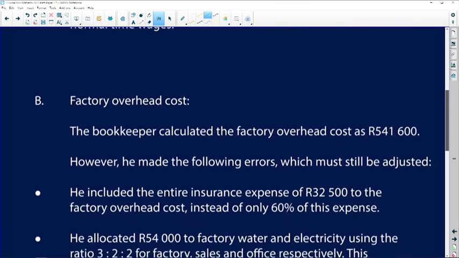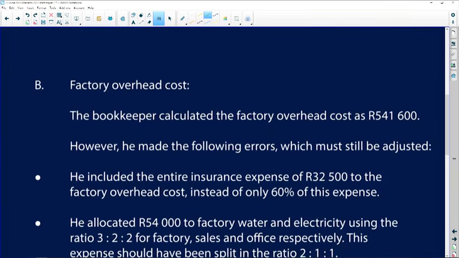The bookkeeper calculated the factory overhead cost as 541,600. However, he made the following errors which still must be adjusted. Let's look at the first error. He included the entire insurance expense of 32,500 Rand in the factory overhead cost instead of only 60% of this expense.